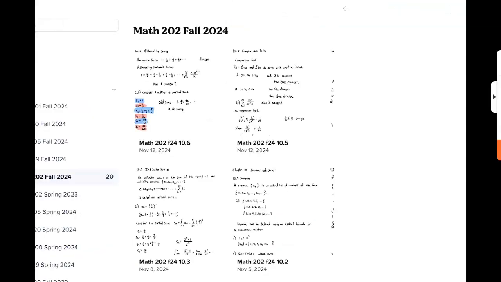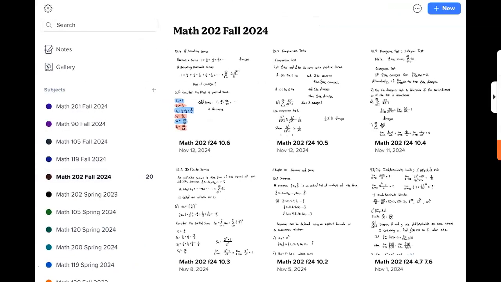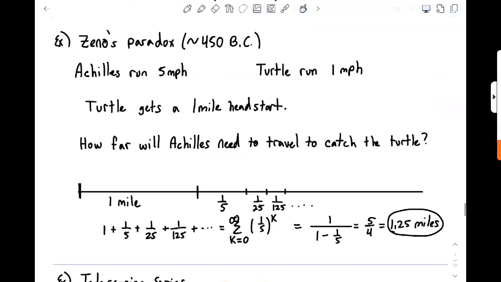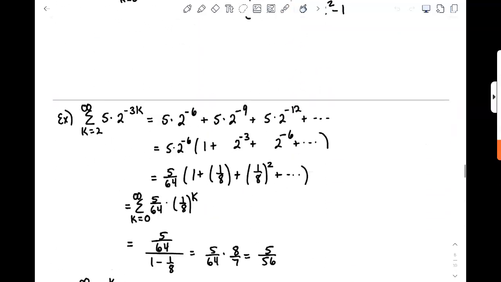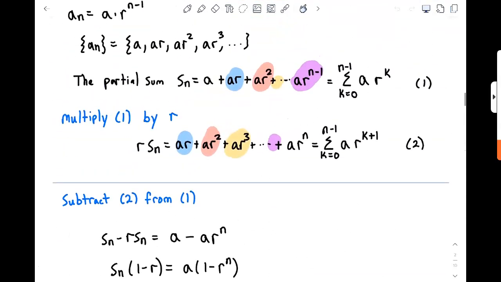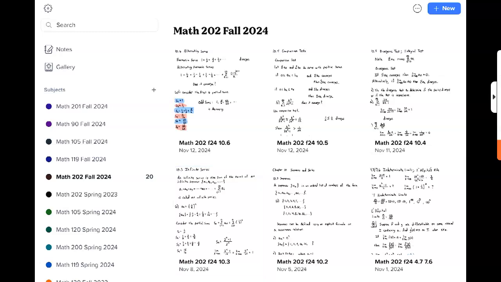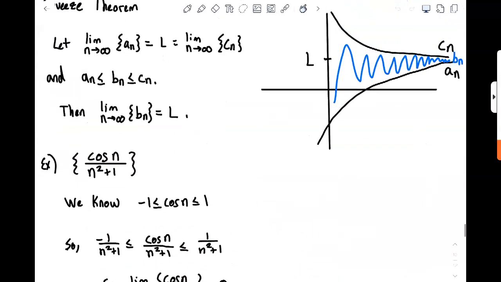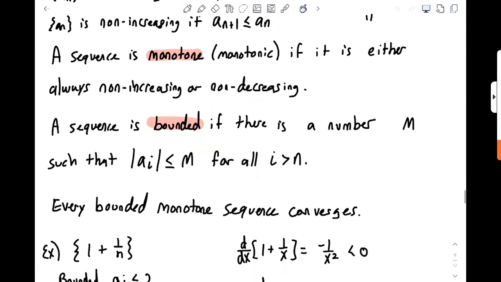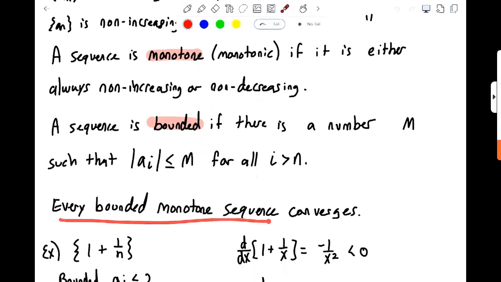We had a result, kind of a theoretical result, from 10.2, but it's an important idea here, and that is that every bounded monotone sequence converges.